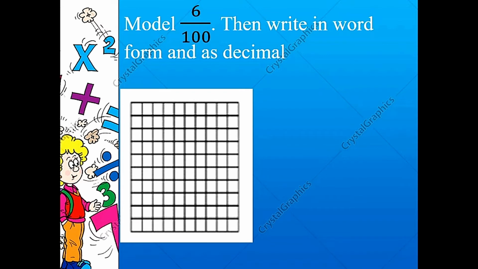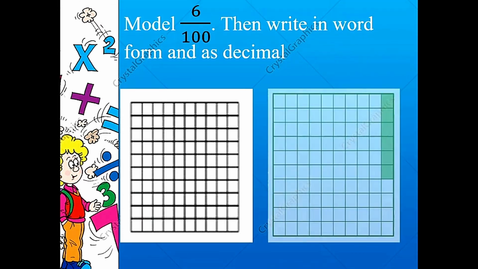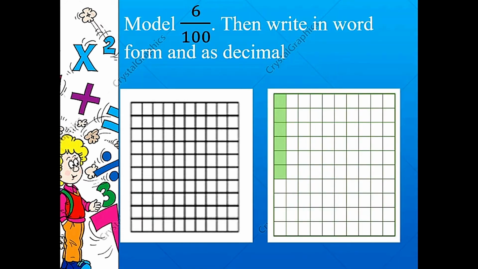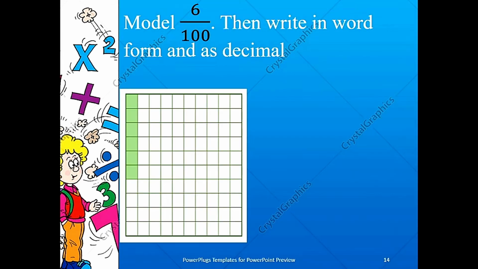Another one. Model 6 over 100. This is our fraction. Our numerator is 6 and our denominator is 100. Therefore, we're going to shade 6 small cubes out of 100. And it will look like this. And after shading 6 small cubes, we will write in word form.